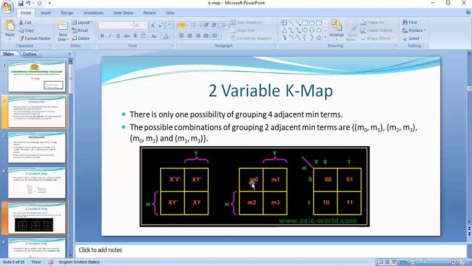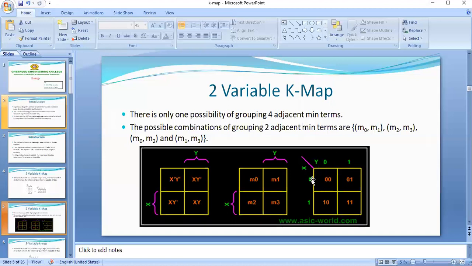If it is SOP, we represent it as min term 0, min term 1, min term 2, min term 3. See here, I'm taking variable x and here variable y. For a single variable we have 2 possible combinations, 0 and 1. So this is nothing but the matrix method of multiplication.